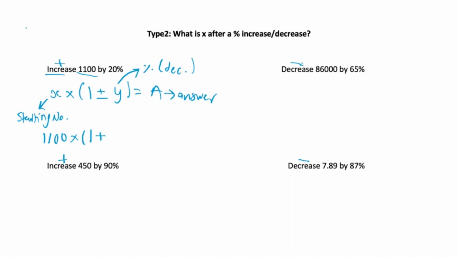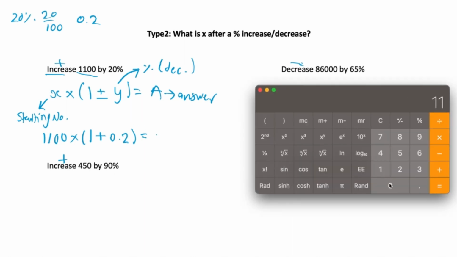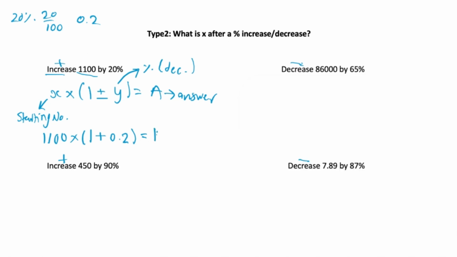Convert that to decimal. 20% means 20 over 100, which means 0.2. So 1 plus 0.2 equals 1.2. So 1,100 times 1.2, and the answer is 1,320. Easy.